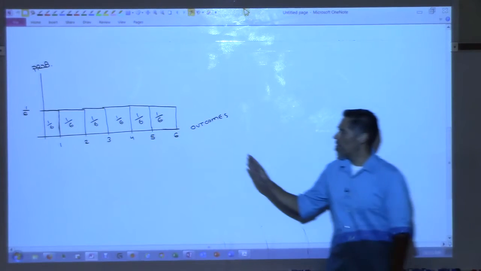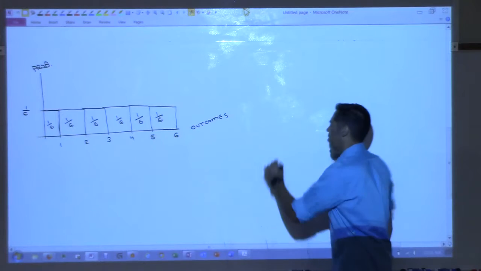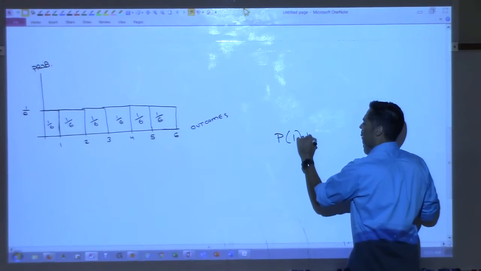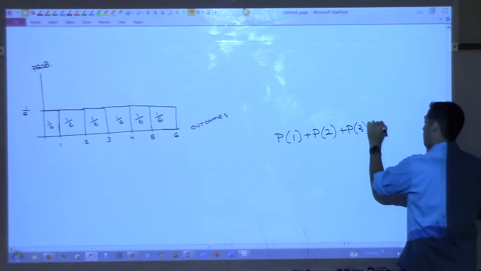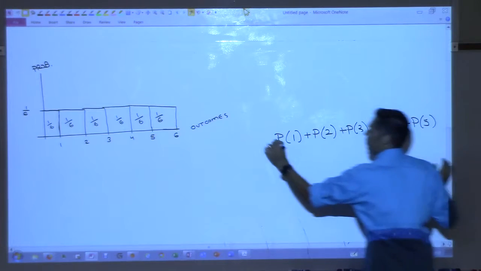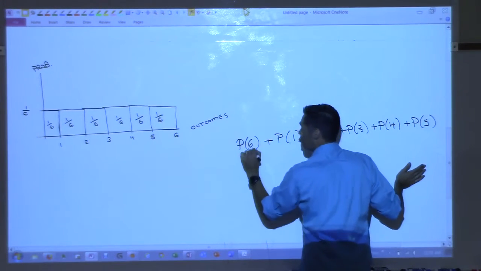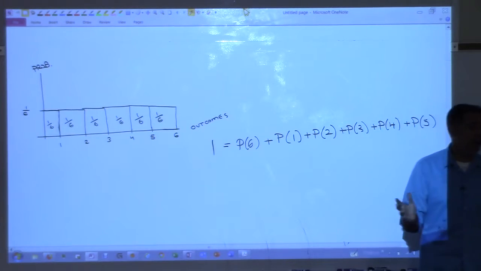I mean, if there are only 6 outcomes, then if I add up the probability of 1 happening plus the probability of 2 happening plus the probability of 3 happening plus the probability of 4 happening plus the probability of 5 happening plus the probability of 6 happening, that should always equal what? 1, no matter what we're talking about.